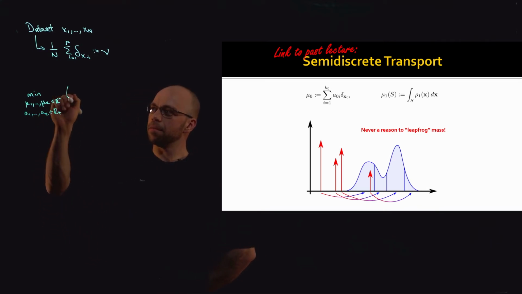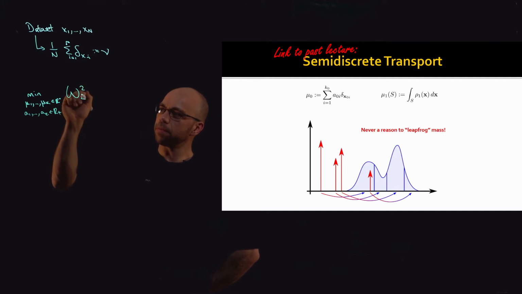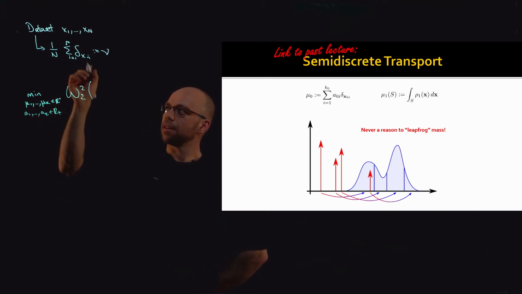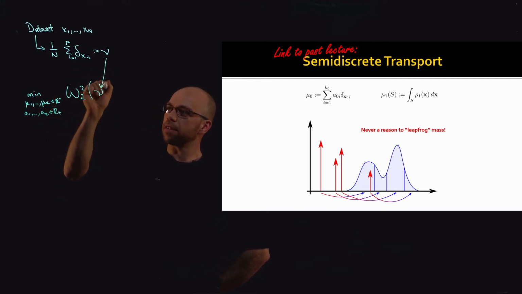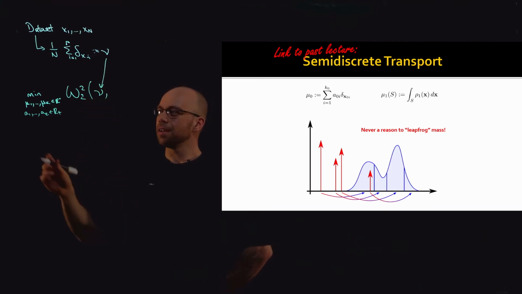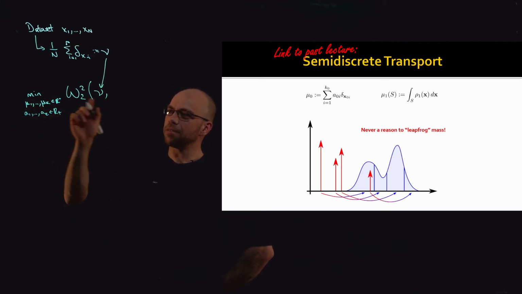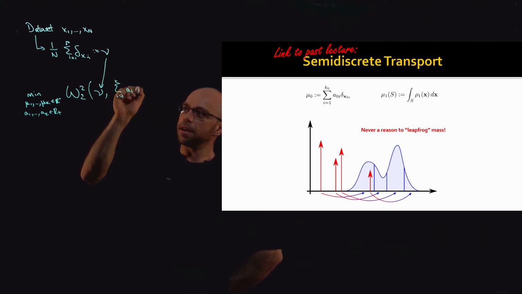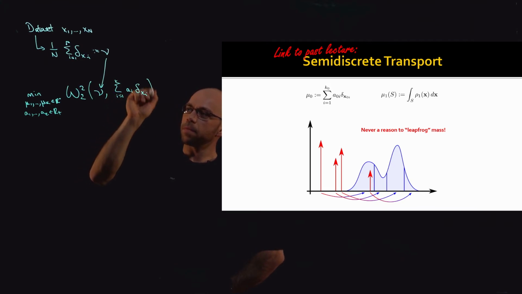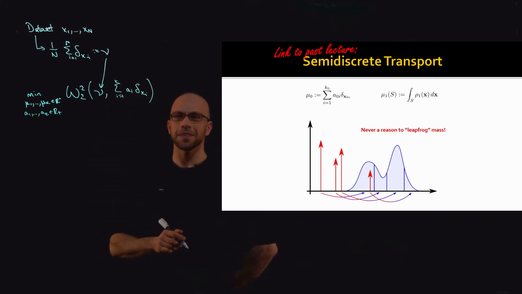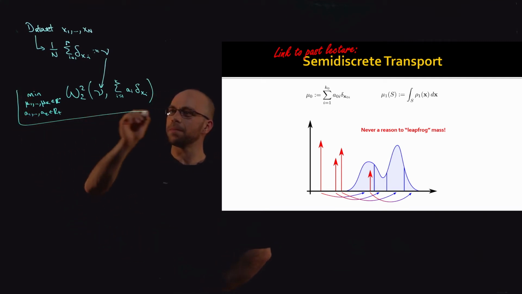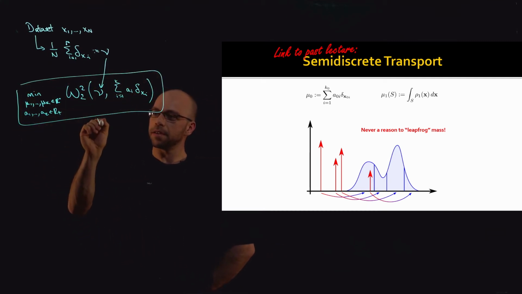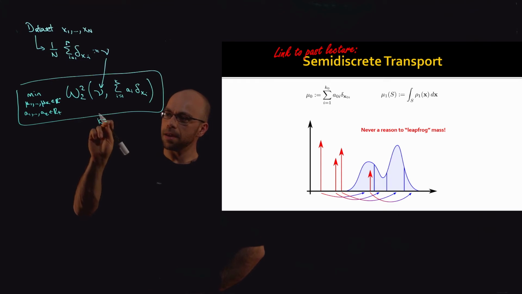And I can minimize the Wasserstein distance between nu, which is just a fixed constant probability measure, and one that I've constructed out of my cluster centers, maybe the sum of i equals 1 to k of a_i delta at mu_i. And you can actually convince yourself that this optimization problem here is precisely k-means.